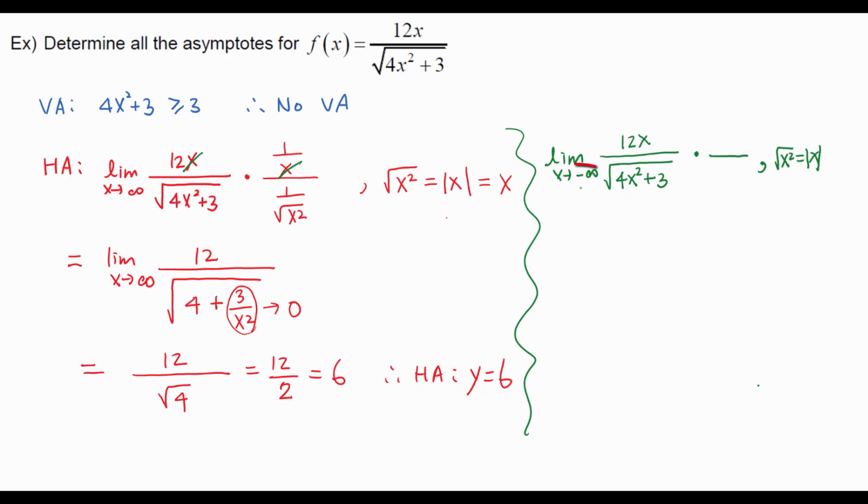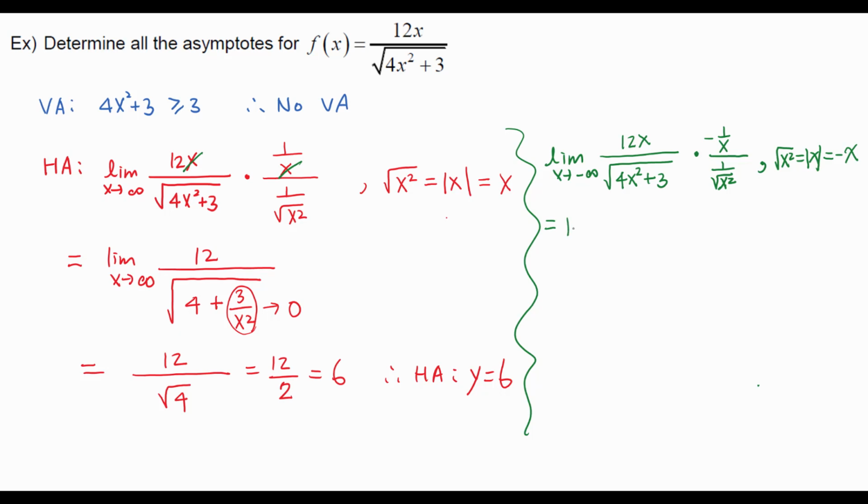At the moment, x is approaching negative infinity, which means x is a negative number, so it's going to come out as the opposite of x. So on the numerator, my 1 over the radical x squared is actually negative 1 over x. And in the denominator, I'm still going to have 1 over the radical x squared.